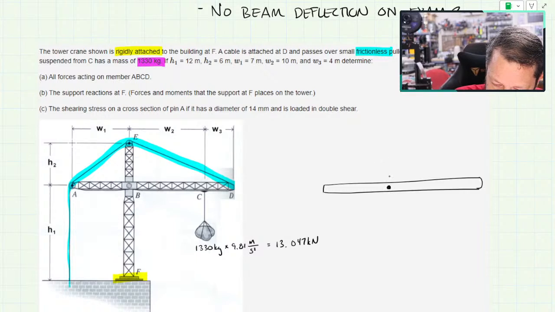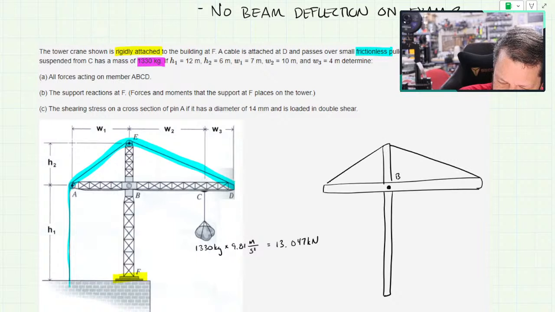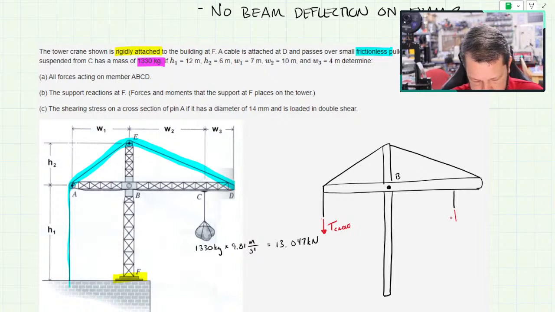That's B. All right, and we have a cable over here. So we don't know this force, but there is a tension in the cable. We do know this force. It is the weight of the rock, 13.0, let's just call it 13.05 kilonewtons. WebWork will probably not like that.